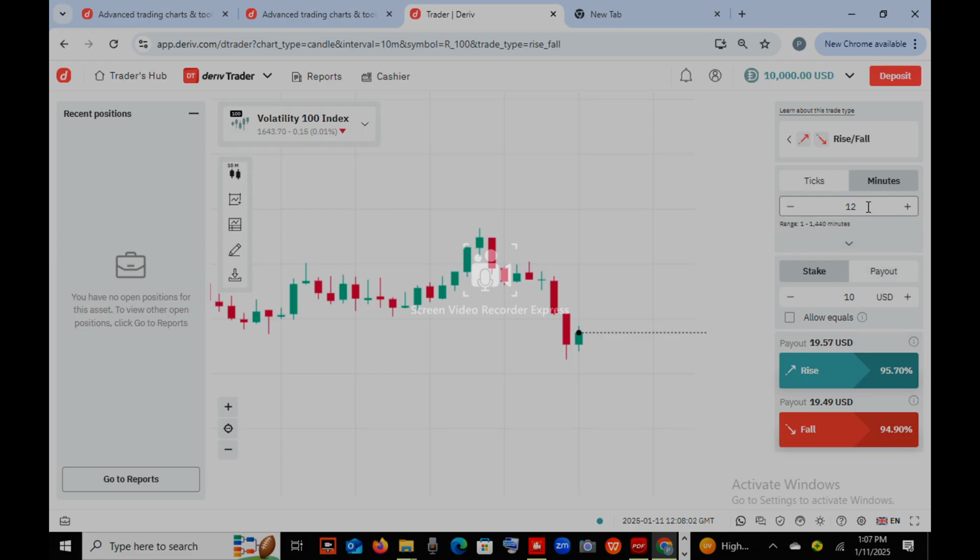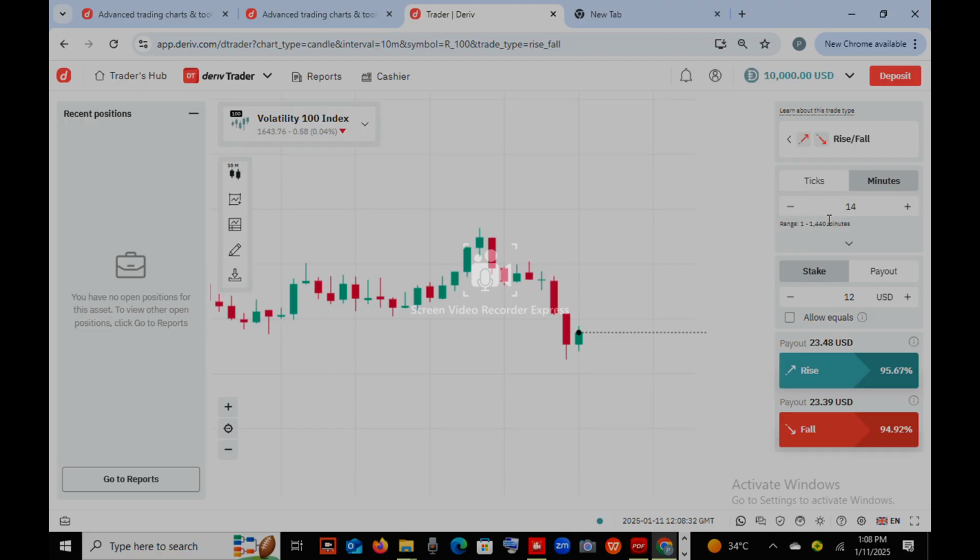You just discover that you have made a blunder and you have made a mistake, because if the market did not tick in your direction, you will have lost $10 unknowingly. So you can see we've changed this from ticks to minutes, and you can change your time frame conveniently to any time frame of your choice.